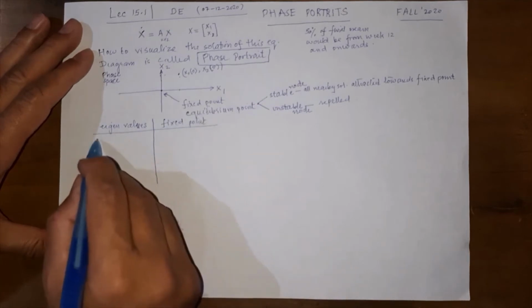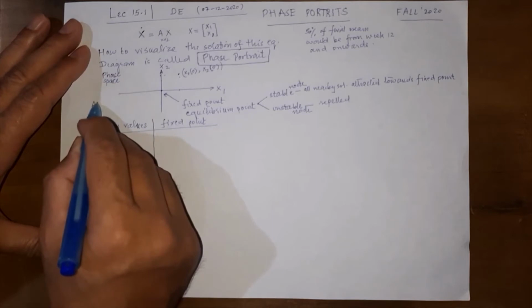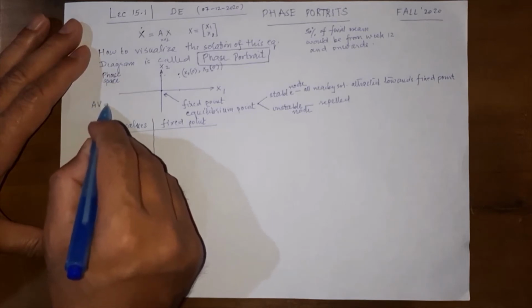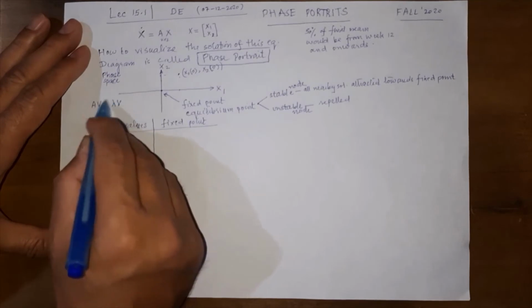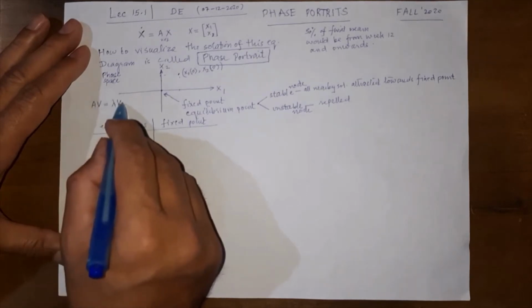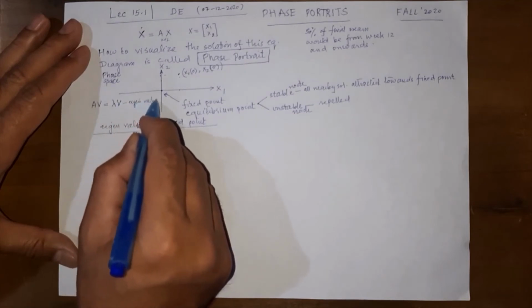If you remember, A is the 2 by 2 matrix and V the vector, and lambda is a scalar value and V is the same vector, this is an eigenvalue problem.